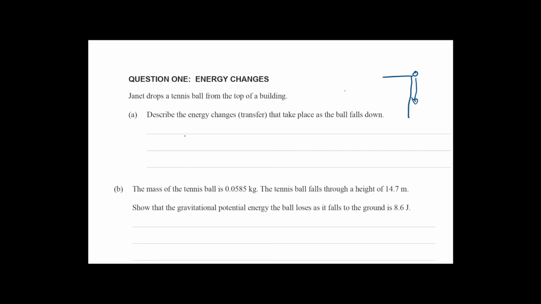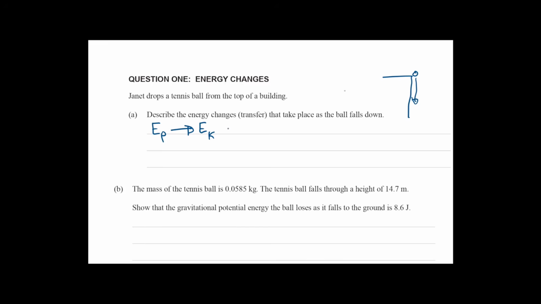Well, at the top it has gravitational potential energy, and that's going to turn into kinetic energy as it falls. That's what gravity does. Gravity does work, and it transfers the potential energy into kinetic energy. That's mechanical energy, that's moving energy.